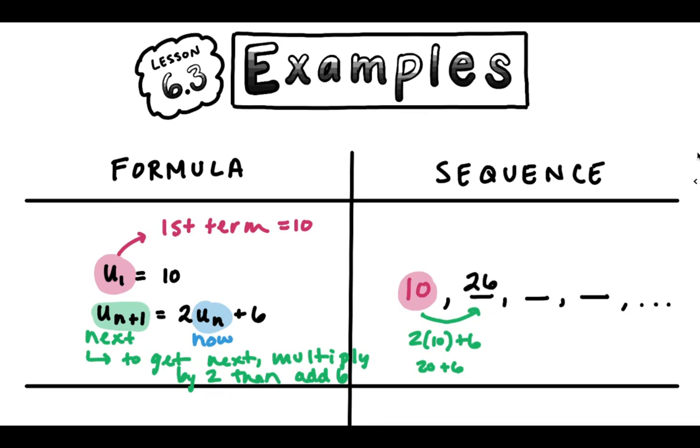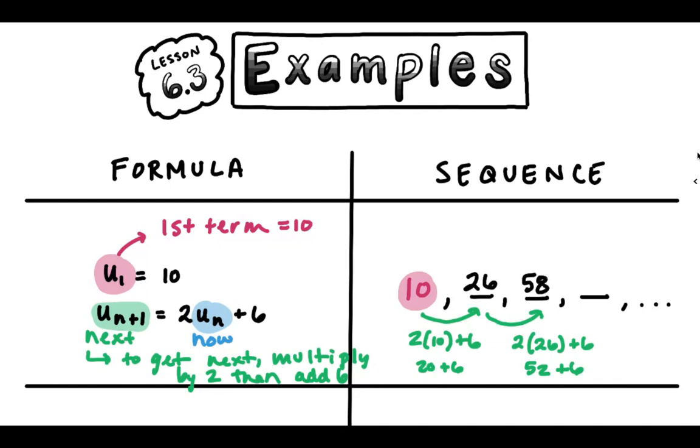Then to get the next term after that, I take my now term, which is now 26, and I multiply it by 2, and then I add 6 again. So 2 times 26, that is 52. So we get 52 plus 6, which is 58.